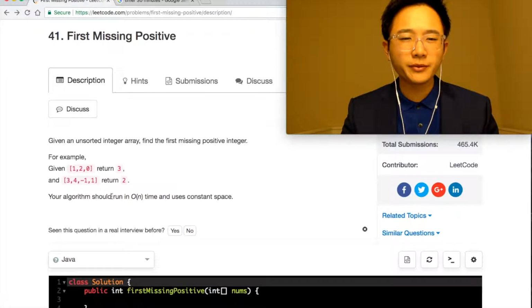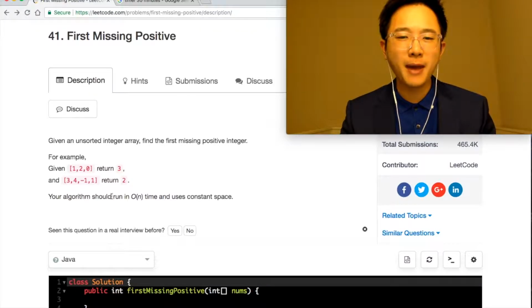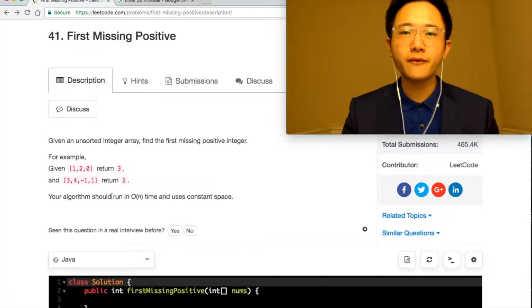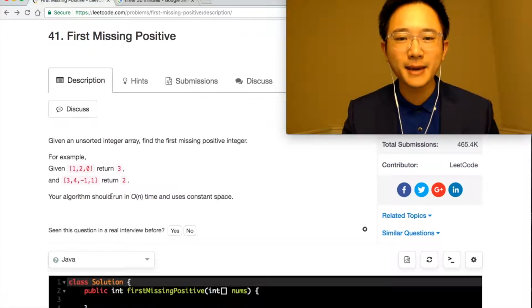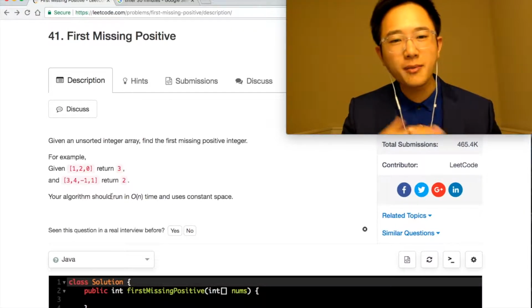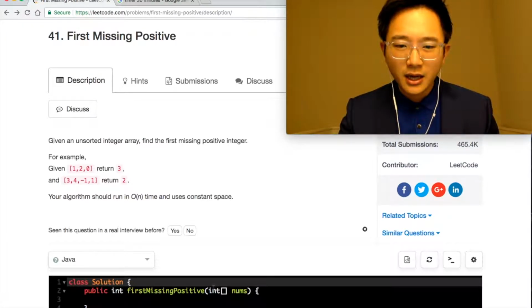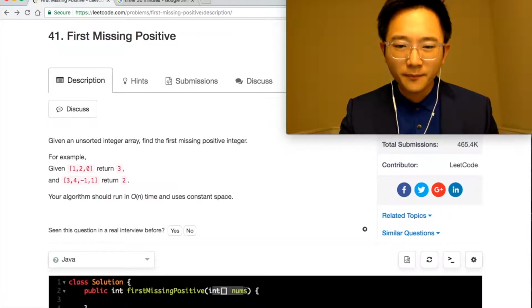Your algorithm should run in O(n) time and use constant space. If they want constant space, we can't allocate any extra memory, like a new array list or linked list. So we pretty much have to do all the operations on the numbers themselves.